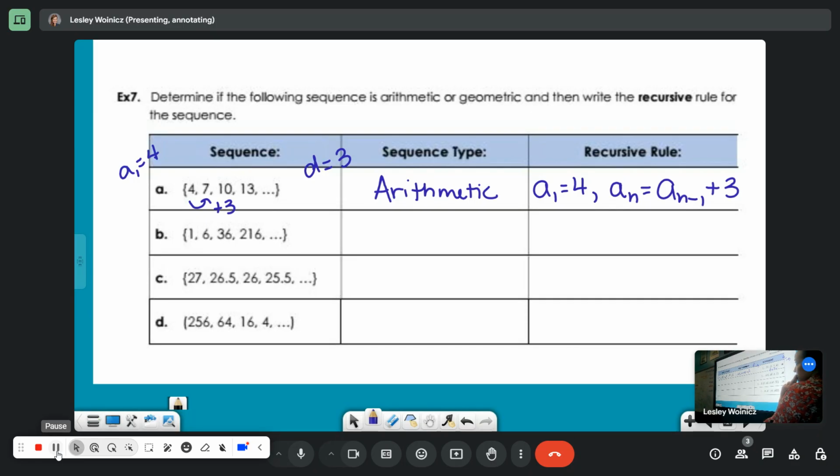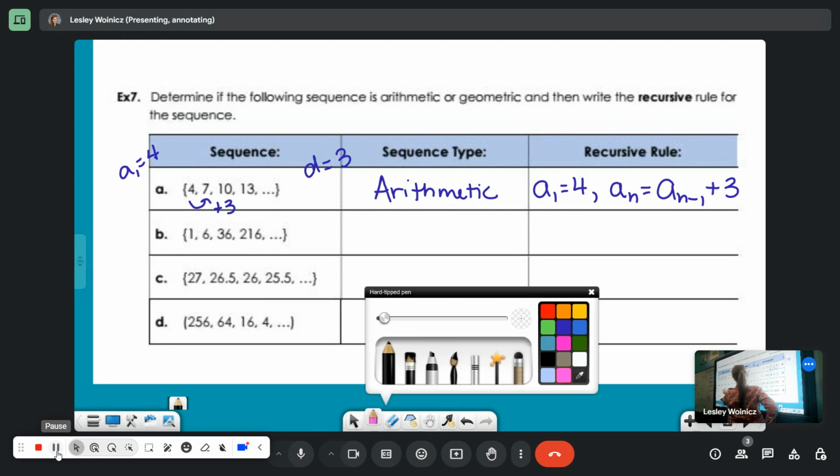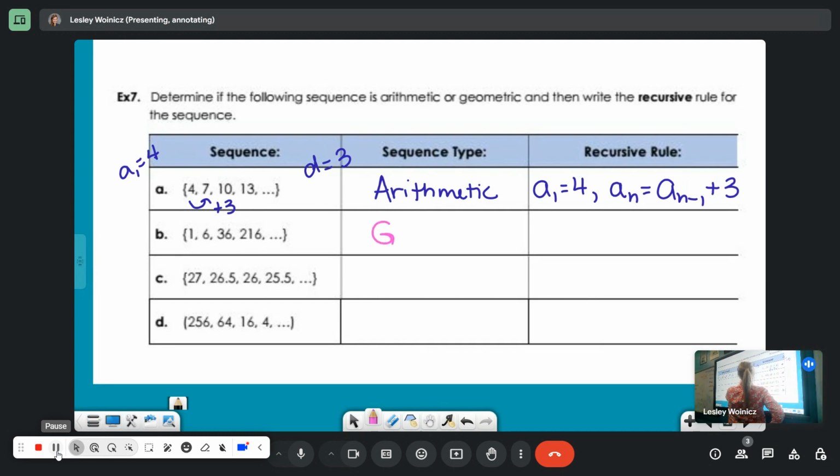All right. What do you guys think about this next one? It is geometric. How can you tell? Because it's multiplying by 6 every time. This one's a little bit different. We haven't had to write a geometric one yet. You can use the examples up there on the matching as models.